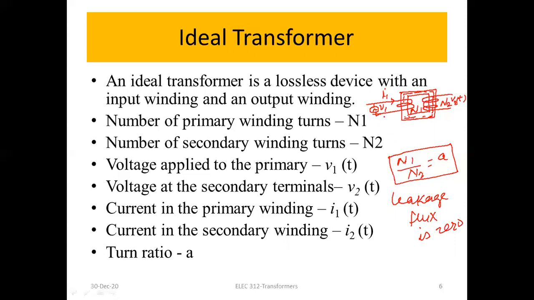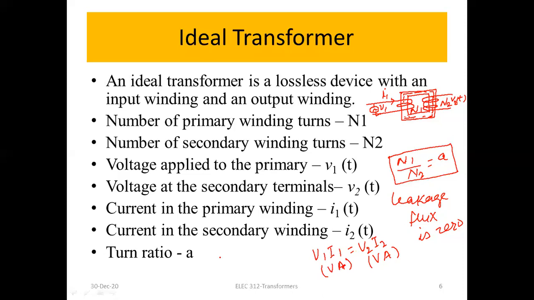And in an ideal transformer, whatever input power is here, the same output power is there. There is no loss. So V1 multiplied by I1 is equal to V2 multiplied by I2. This is the primary volt ampere, and this is the secondary volt ampere, so both are equal.